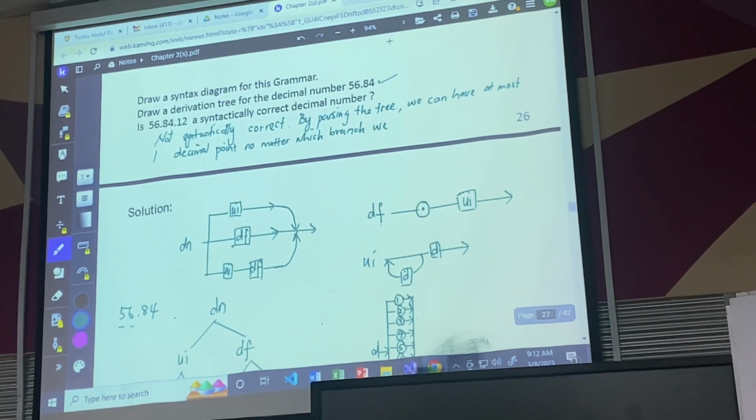So no matter which branch we follow, you will only get one decimal point.